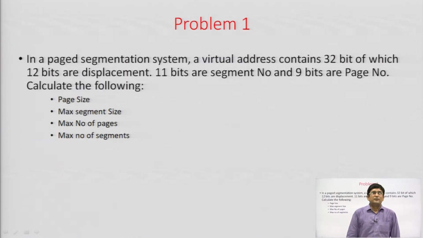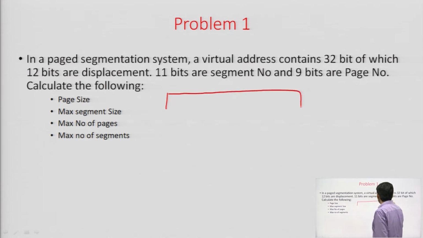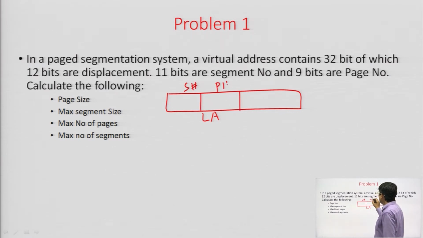Now, let us solve some problems related to this. In this problem, it is given that in a paged segmentation scheme, a virtual address contains 32 bits. Let us draw this logical address split, which has three components: segment number, page number and offset. 32 bits is the length of this address.